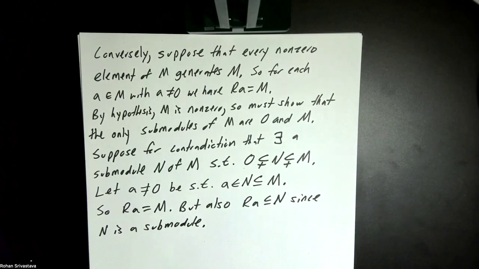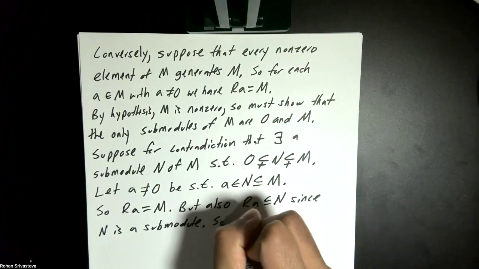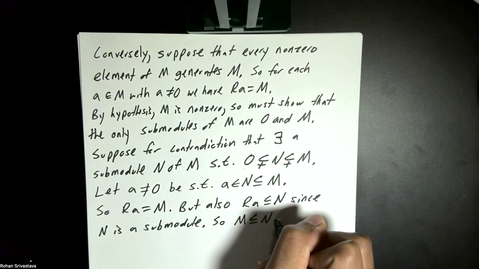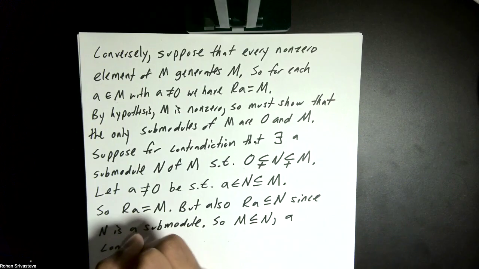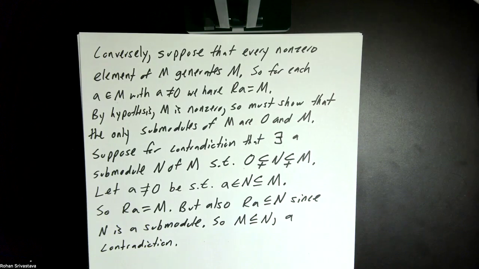Right, the definition of a submodule implies that it has to absorb products from R. So A is an element of N, so any element of R acting on A will still be an element of N, right? Okay, but so RA is equal to M and RA is a subset of N. So that means that M is a subset of N, which is a contradiction because we supposed that N was a strict subset of M.